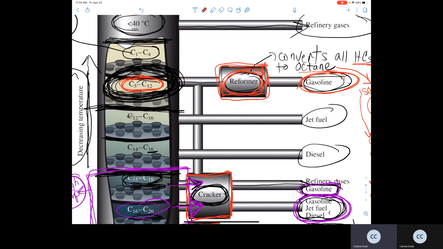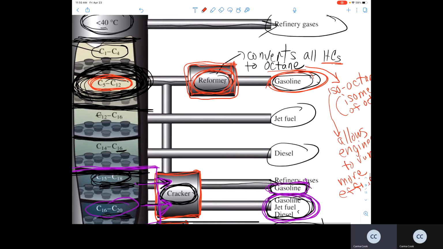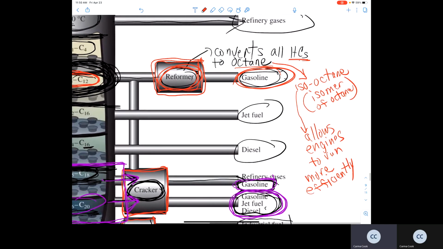And what the reformer is going to do is convert linear alkanes into branched alkanes. And those are called isomers. So an alkane can have a linear version of itself and what we call also a branched version of itself.